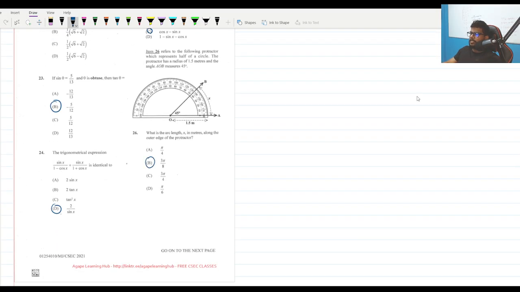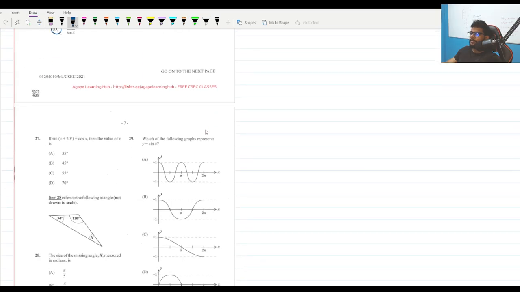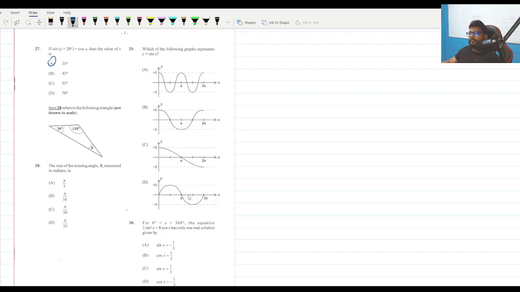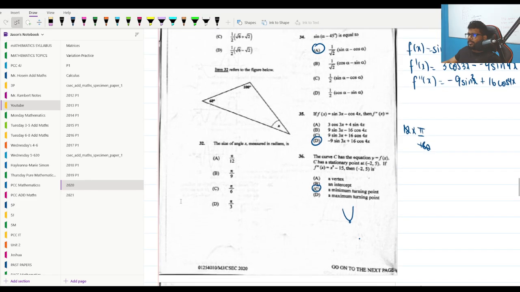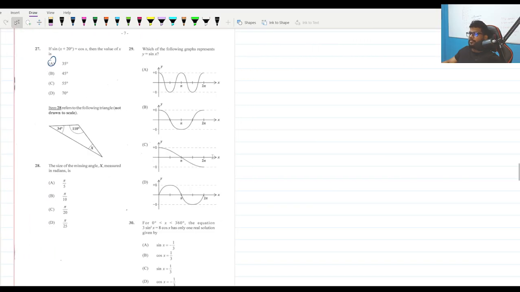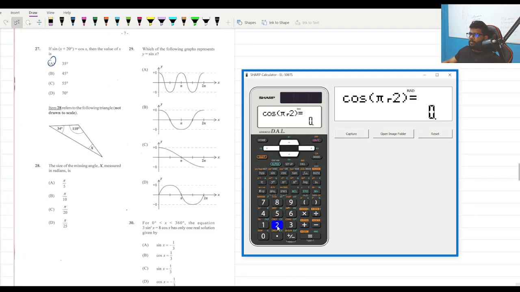This one was 3 pi on 8, if I remember correctly from the video before. 45 degrees, yep. 35 degrees, another repeat. I wonder if it was in the paper before, it's looking like 34. All right, so same thing, just use this approach. 110 plus 34, 144, 180 minus 144, 36 degrees.